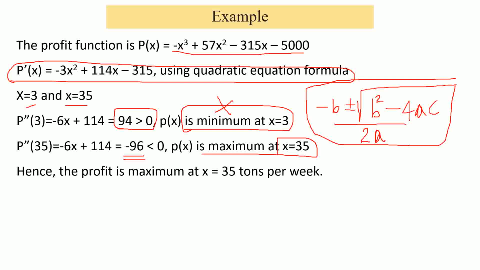So at the output of 35 tons per week, our profit will be maximum.